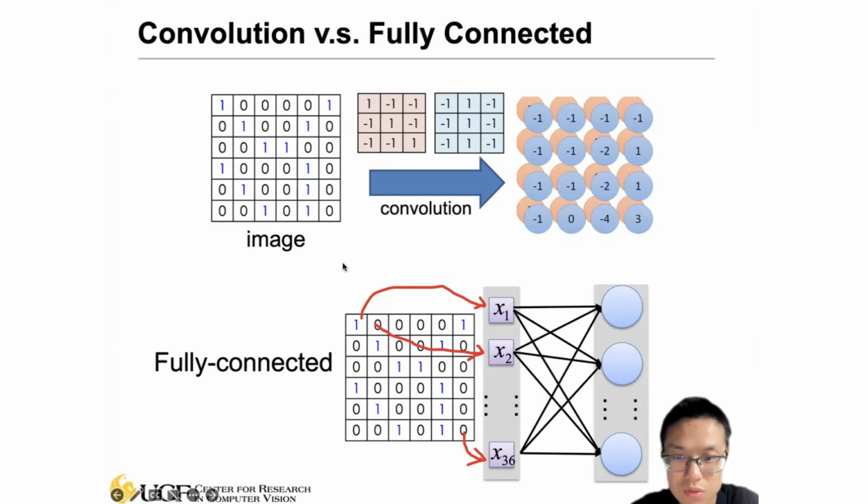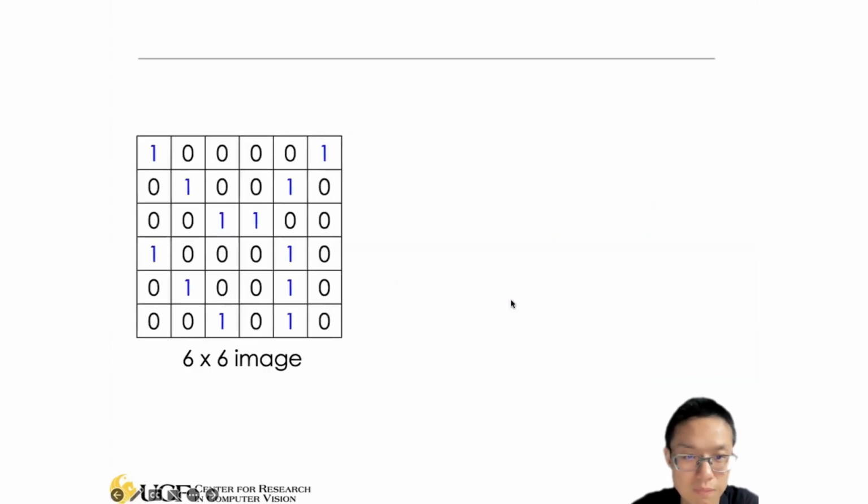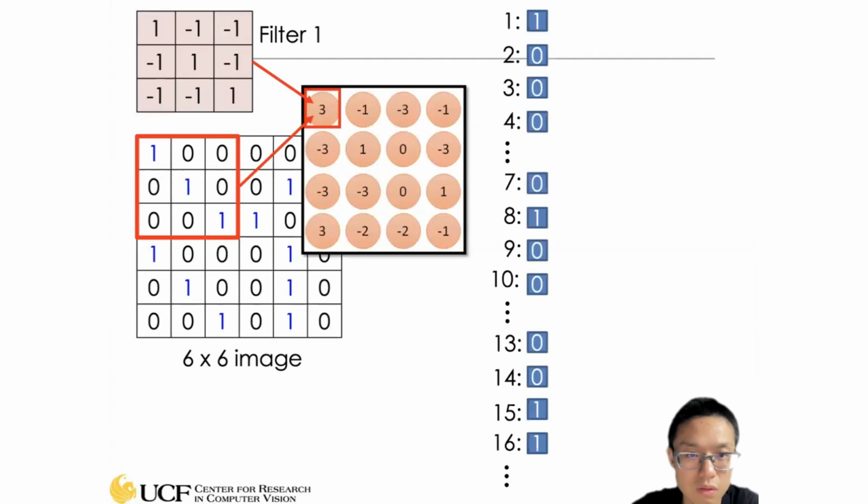And if we want to use the fully connected layer, we have to flatten this 6x6 matrix or image into a 36-dimensional vector, and using these hidden layers, each neuron will be fully connected with the input to process the input image.